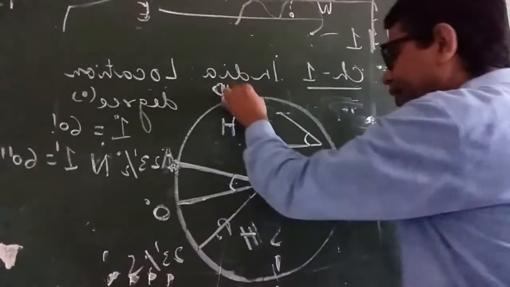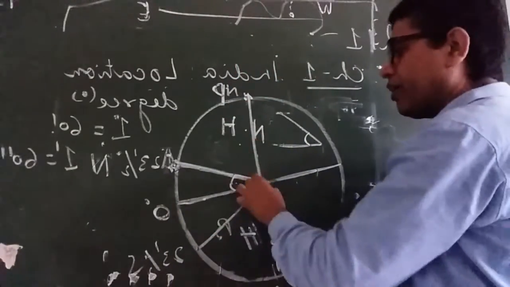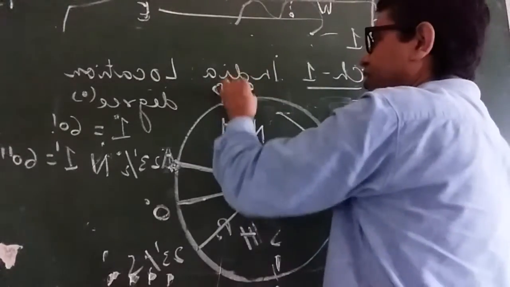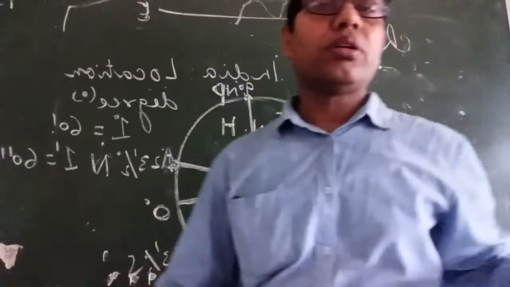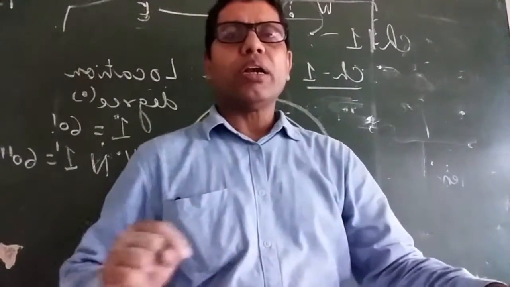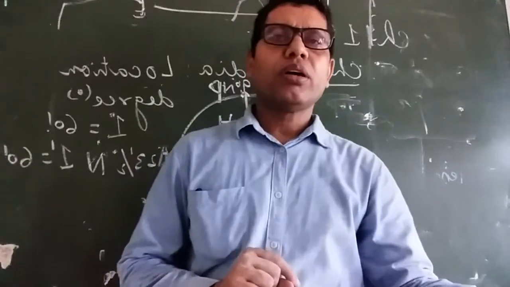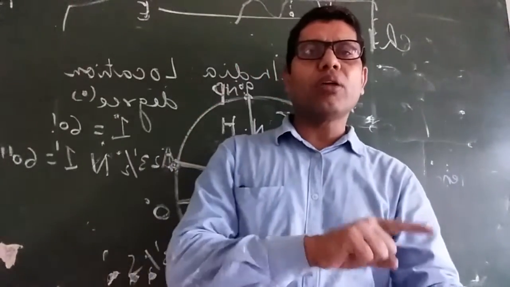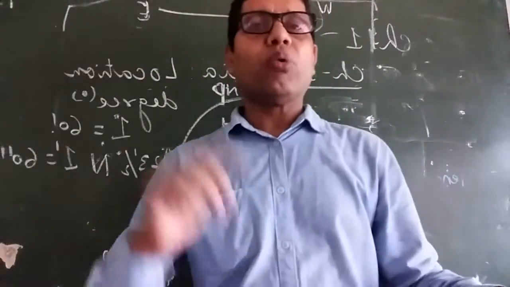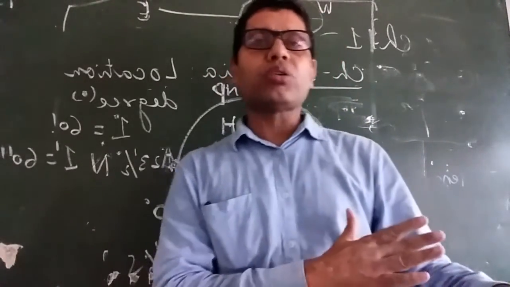We subtend an angle and we find it forms a right angle. That means this is 90 degree latitude. So the latitudinal value of the North Pole is 90 degree. Similarly, the South Pole will be 90 degree south.